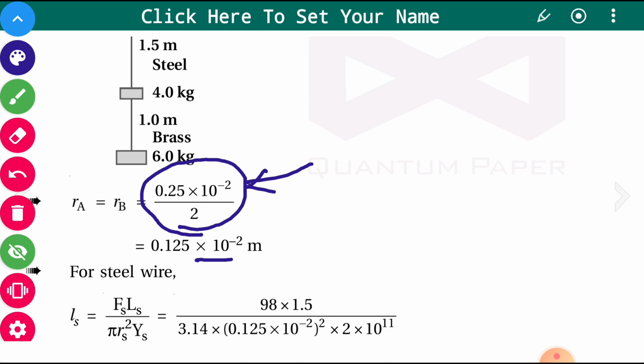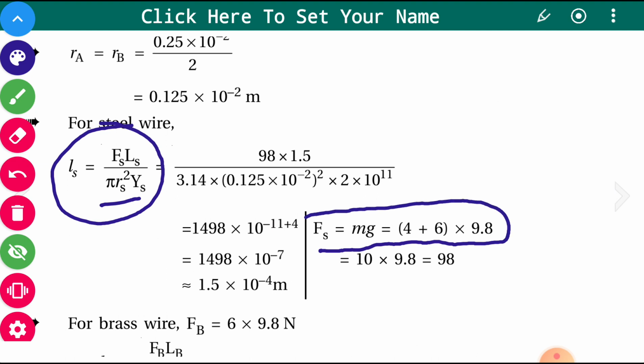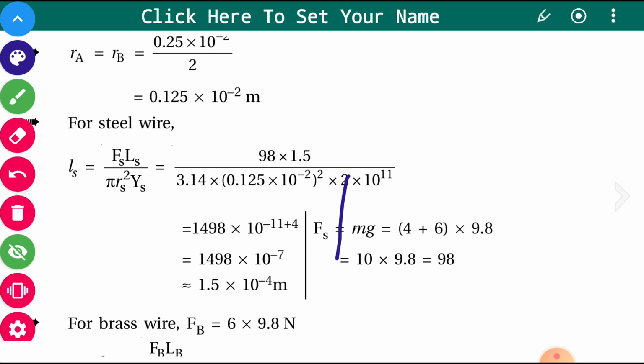For steel wire, the change in length Ls can be found from the force applied to the end of the steel wire, the original length of steel wire, the area pi r square with the radius of steel, and the Young modulus of steel. Try to understand the figure.